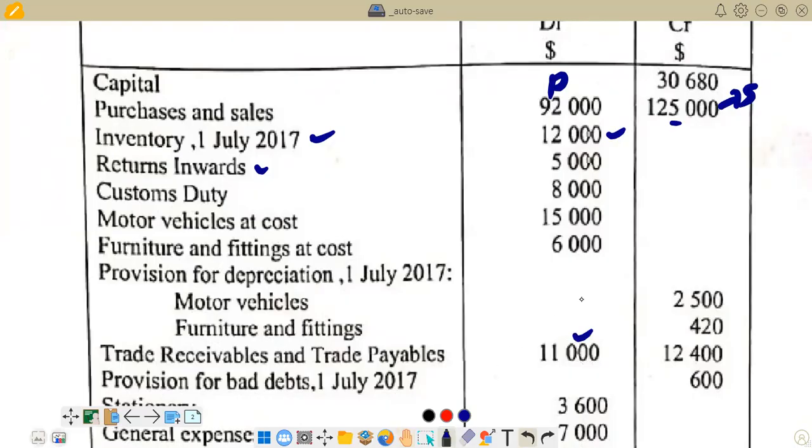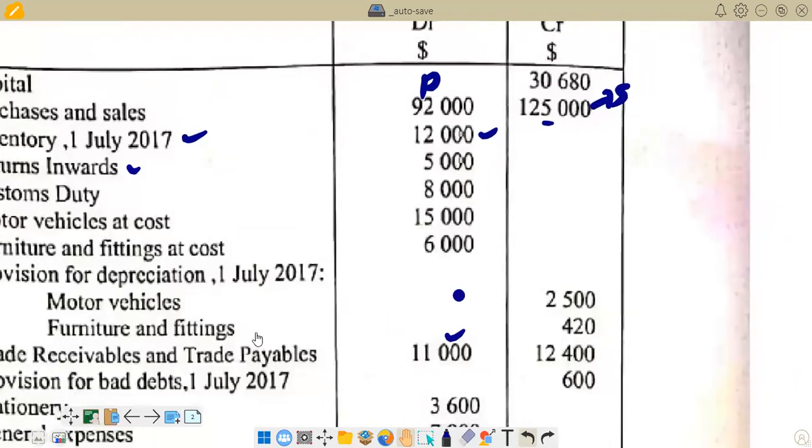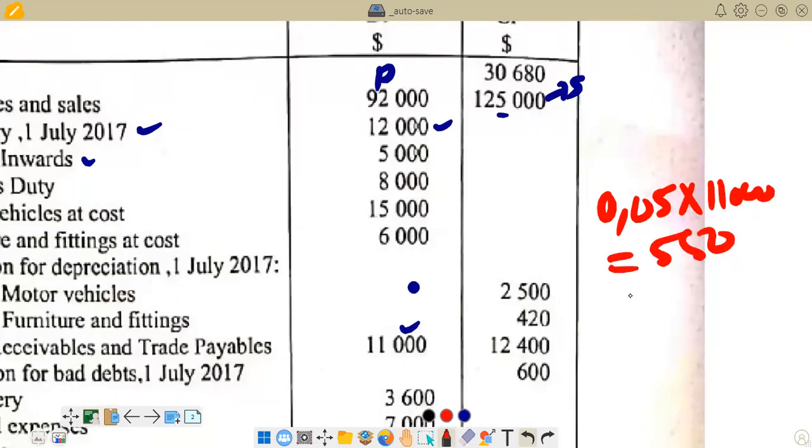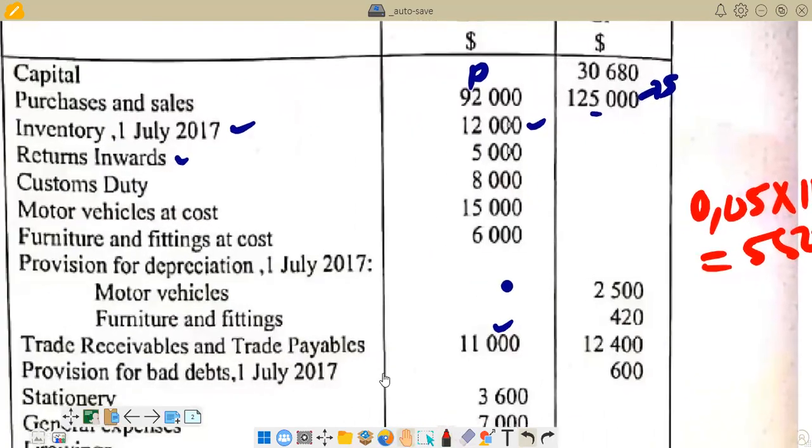So how do we calculate that one? We are going to say 5% of 11,000. So basically, we are going to say 0.05, which is 5%. Then we multiply by 11,000. And when we do that, you are going to get 550. Then you compare it with the last year's provision for that and see if there's an increase or decrease. So for last year, that's where we've got the figure for provision. This is the provision figure here.